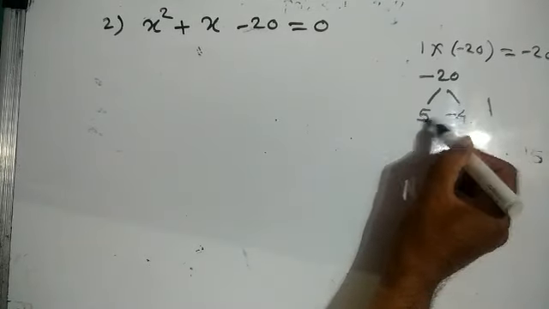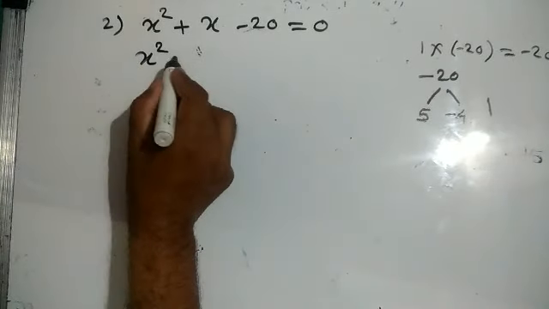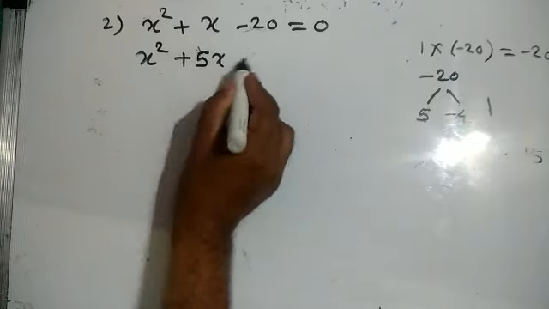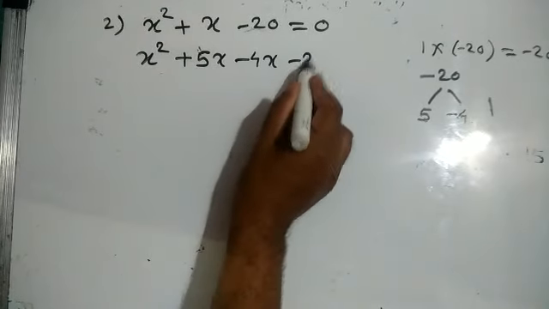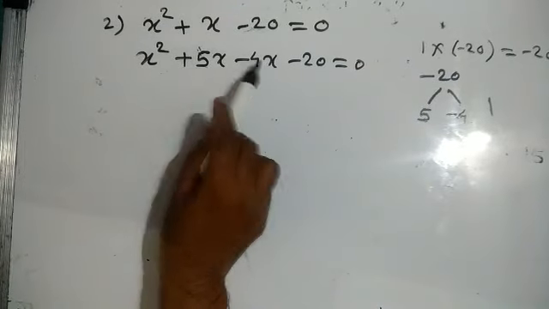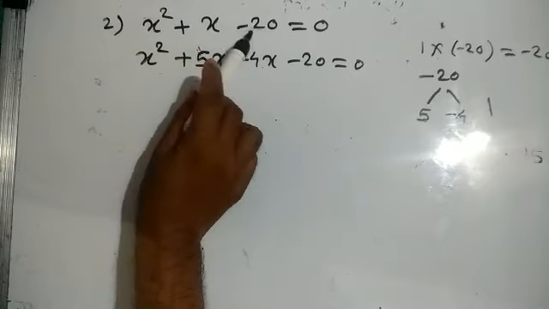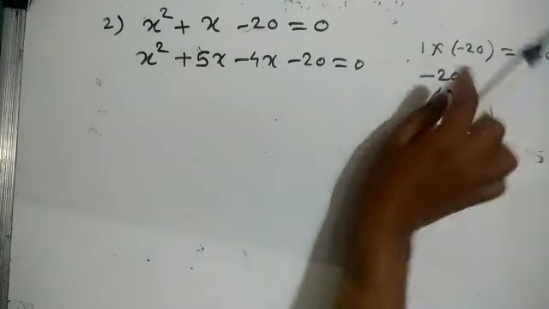When we multiply 5 and minus 4 we get minus 20. Therefore x square plus 5x minus 4x minus 20 is equal to 0. Again carefully observe this: 5x minus 4x we get x. That means we get the previous statement as it is.